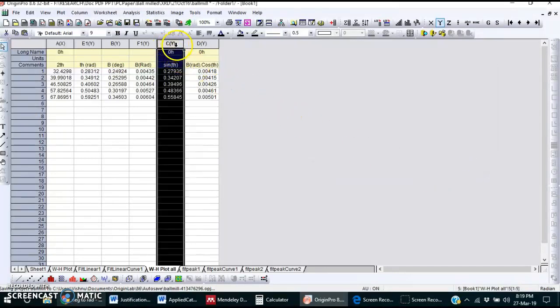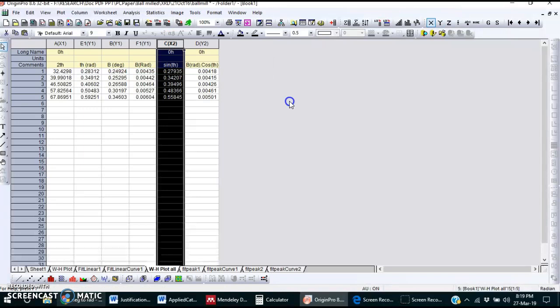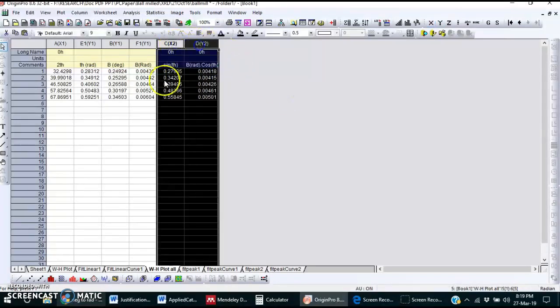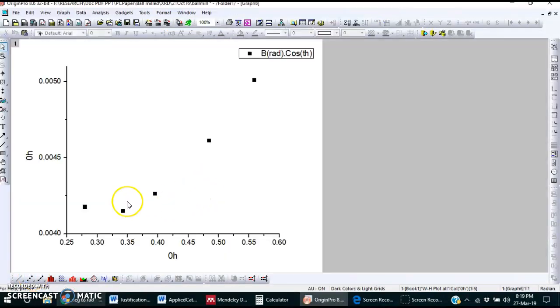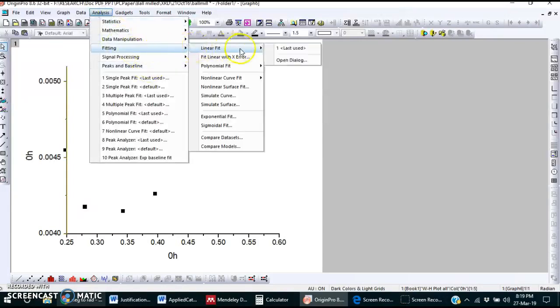We need to plot between these. This should be x, so set it as the x axis. Now this is the y axis, and plot them. You will find it like this. We have to fit it, a linear fit.